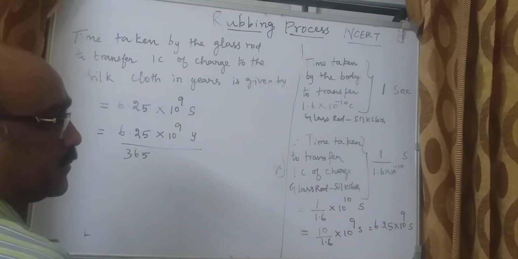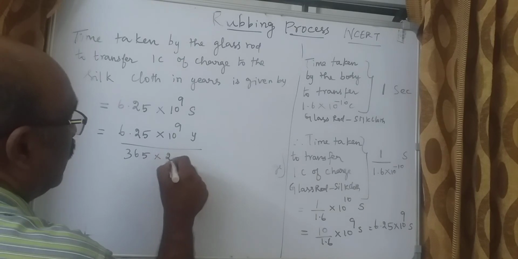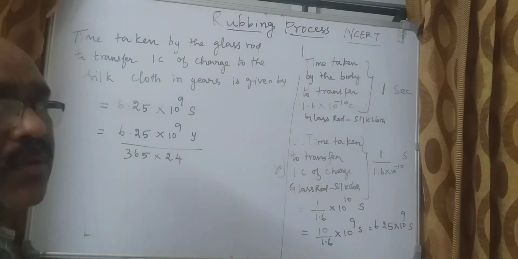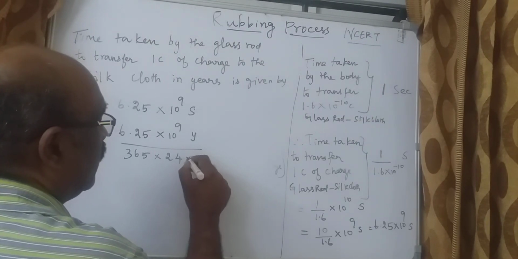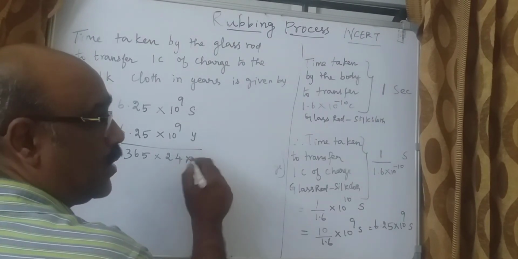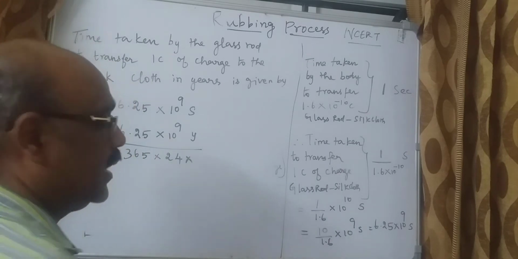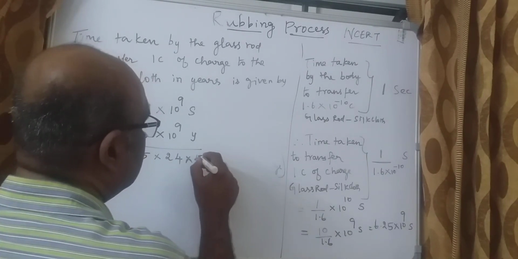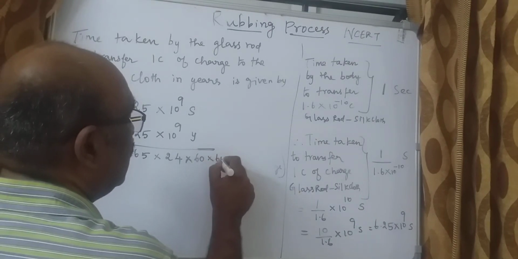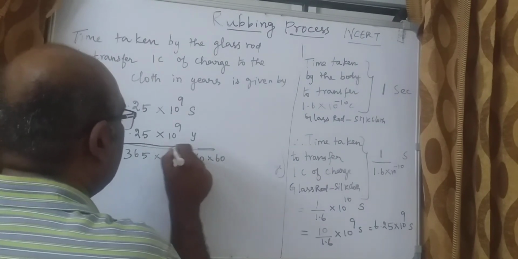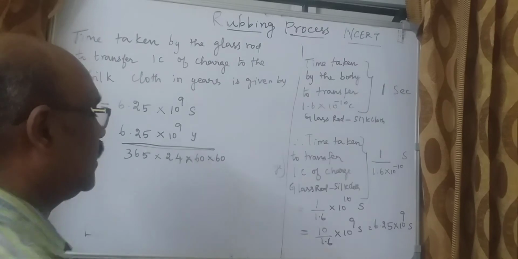365 days, into 1 day having 24 hours, and that 24 hours, 1 hour if we take, it consists of 60 minutes, and 1 minute if we take, it consists of 60 seconds. So now we have converted the seconds to years.